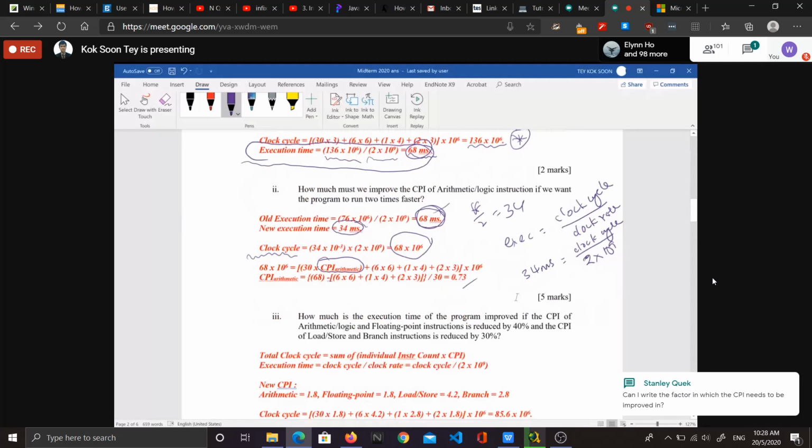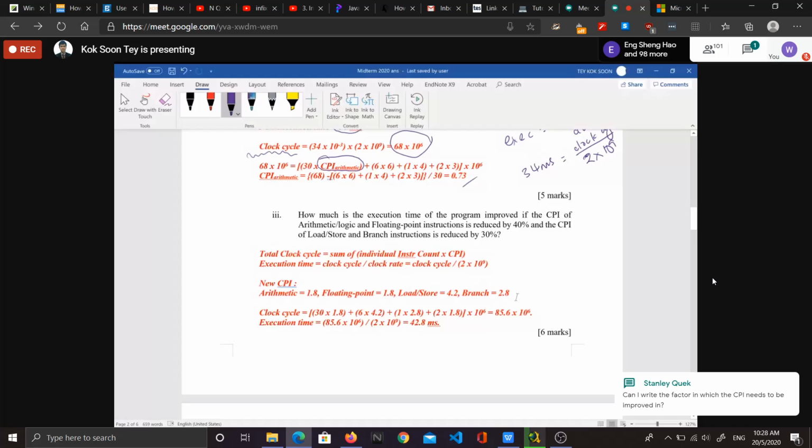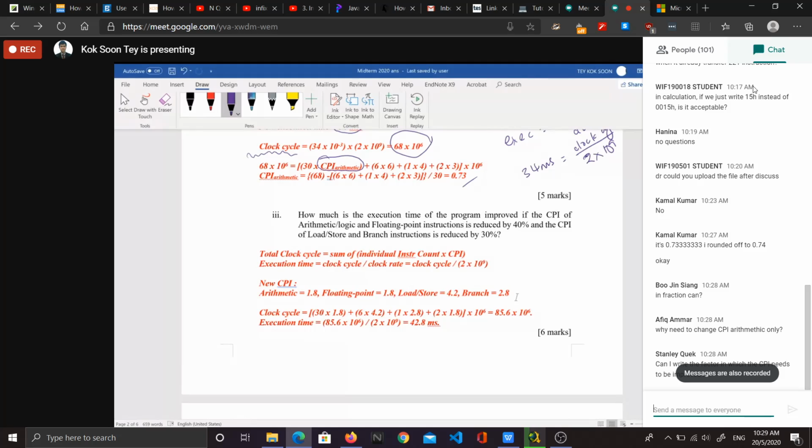Then the final question. They ask how much the execution time of the program can be improved. So this time they already improved the CPI for arithmetic logic, all of the instructions. Then they're asking you the execution time. They reverse the process.